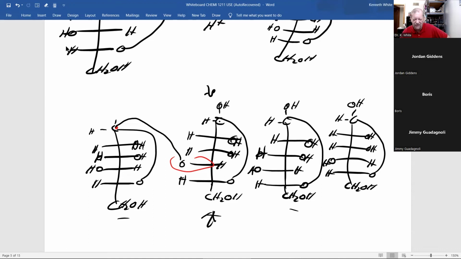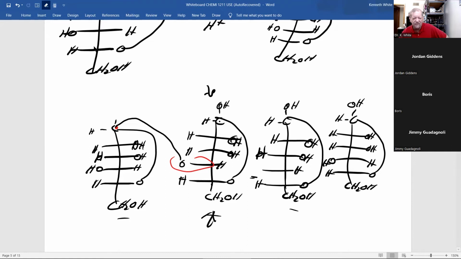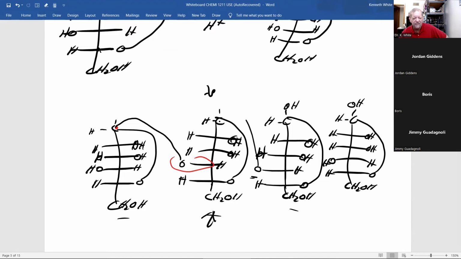Now, if we look at this molecule right here, I have that same setup. Hydroxyl group on the carbon of the hemiacetal, this hydroxyl group. Guess what? This alcohol will do the following. And if I look at this molecule, same thing. Hemiacetal with a hydroxyl group.